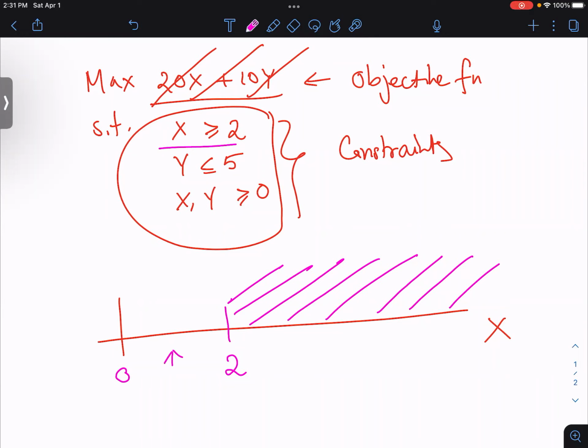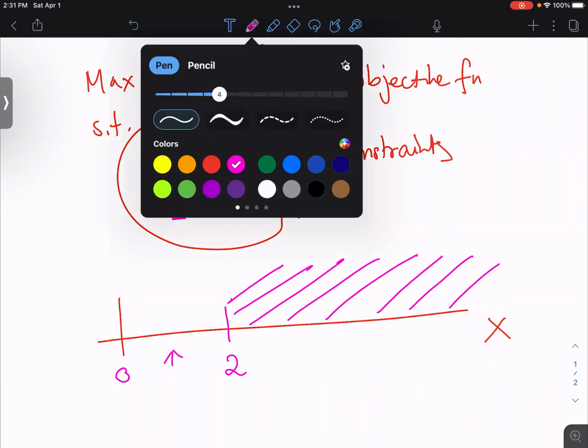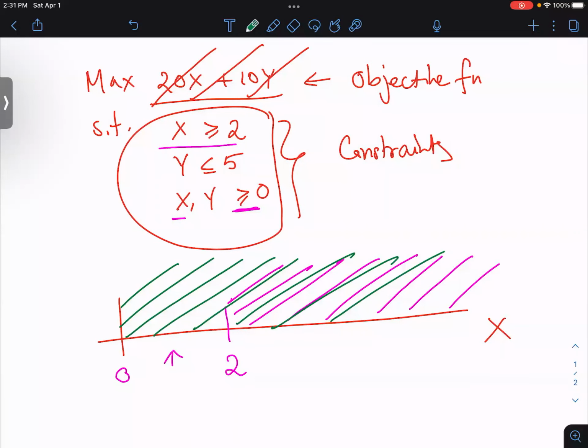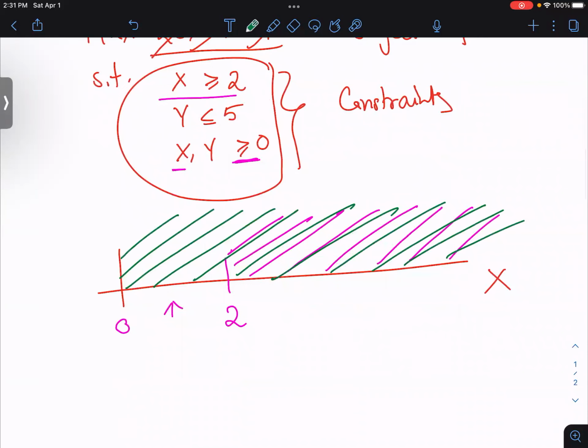Now what is the next constraint on x? The next constraint is x greater than or equal to 0. This constraint tells you that x needs to be higher than 0, so x needs to be somewhere in this area. If you look at these two constraints, is there any way that both can be satisfied?